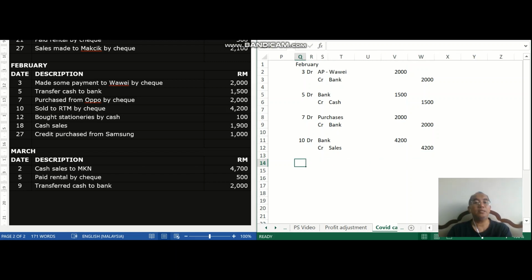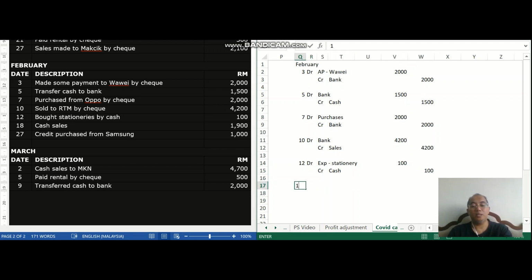After that, number 12, I bought stationery by cash. When you bought stationery by cash, stationery is your expense. So debit expenses, stationery, and credit cash. How much? 100 only.